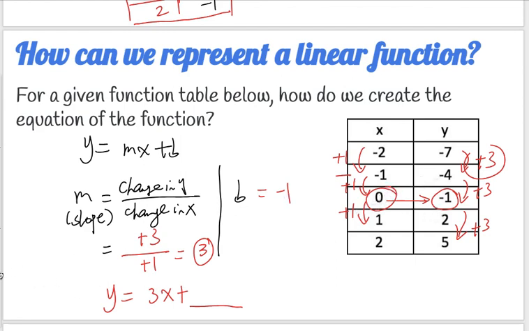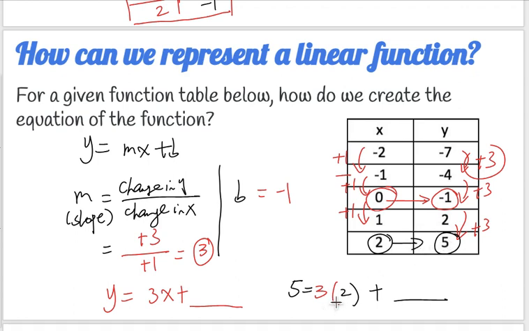I can just choose an ordered pair. For example, I choose 2 and 5. I plug it into this equation and see what we get. This equation says 3 times the value of x, which is 2, plus a number will give us 5, because 2 matches to 5, right?